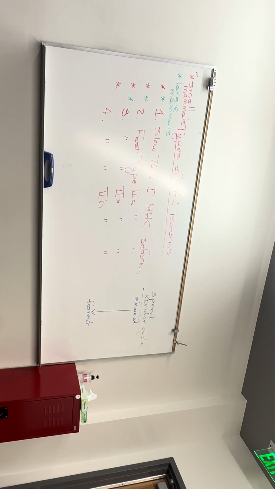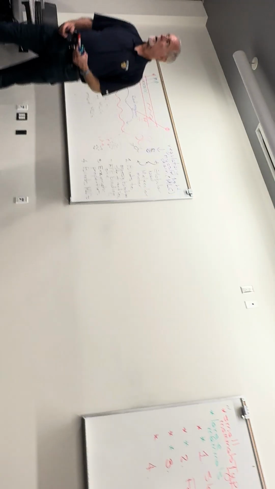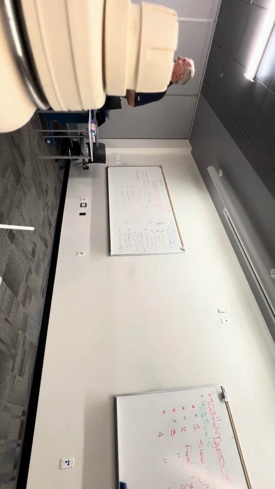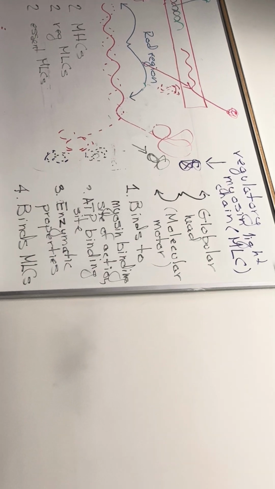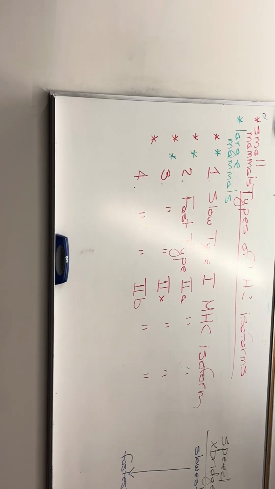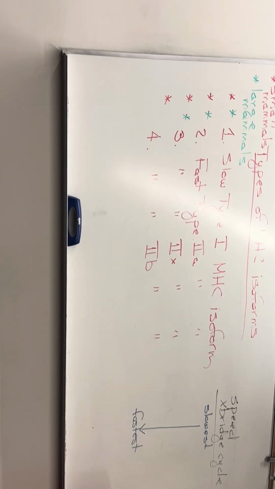Now, in skeletal muscle, the regulatory myosin light chain and the essential light chains are not important. So why did I put that up there? Because we're going to be transitioning over to smooth muscle. And in smooth muscle, what you're going to find out is that it's the phosphorylation of that regulatory myosin light chain that is important.